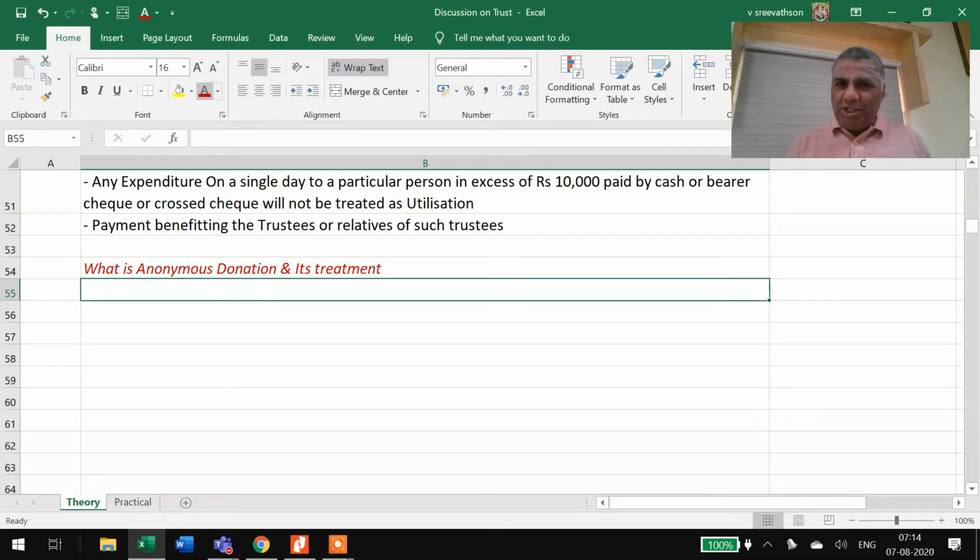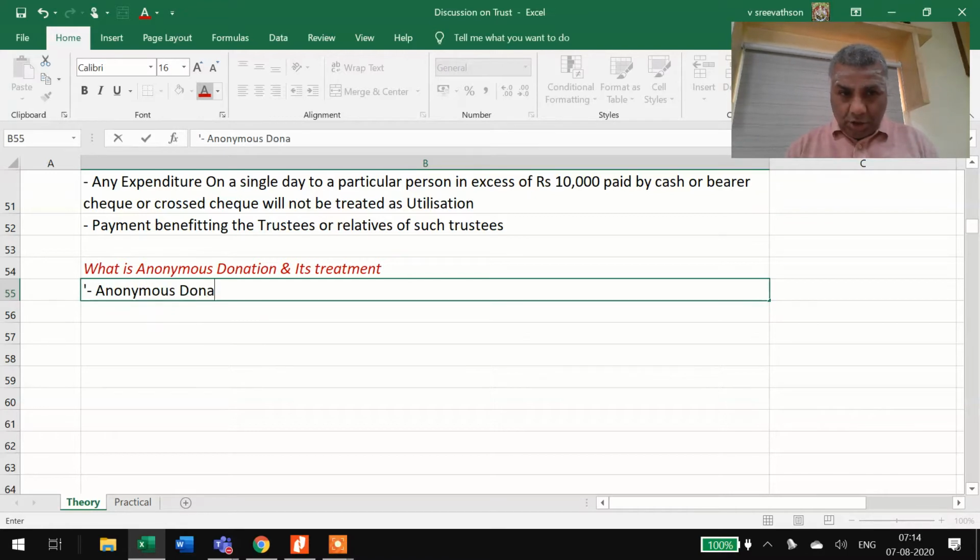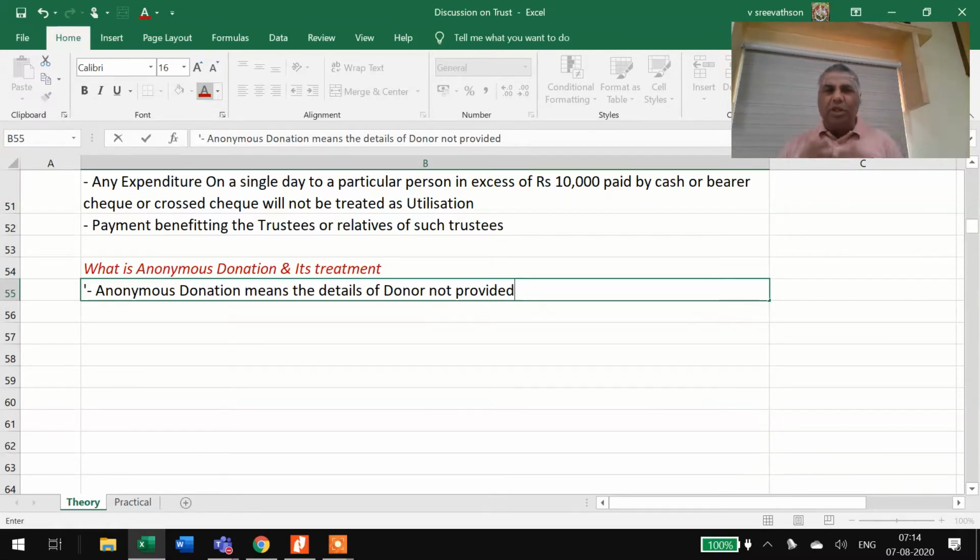Anonymous donation means where you are not revealing the donor's name. Anonymous donation means the details of the donor are not provided, the donor's name and PAN.